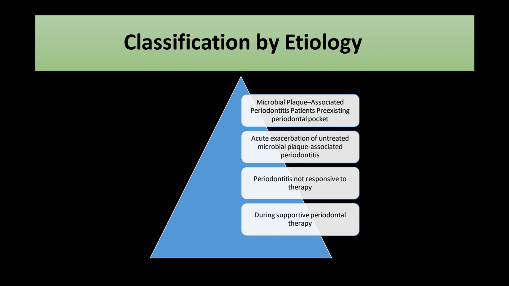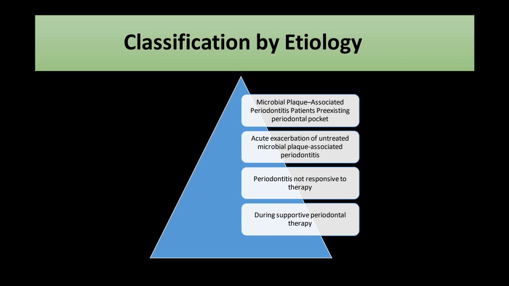So similarly, the initiation and formation of periodontal abscesses also starts with the persistence of microbial plaque in a periodontitis patient with an already pre-existing periodontal pocket.